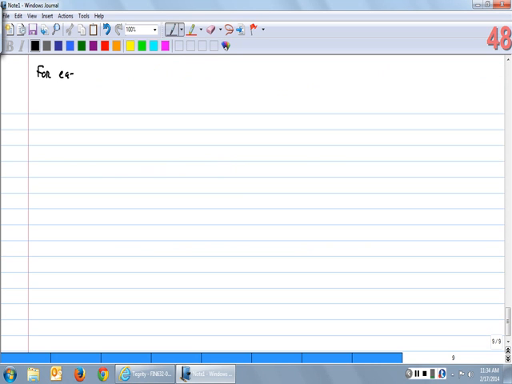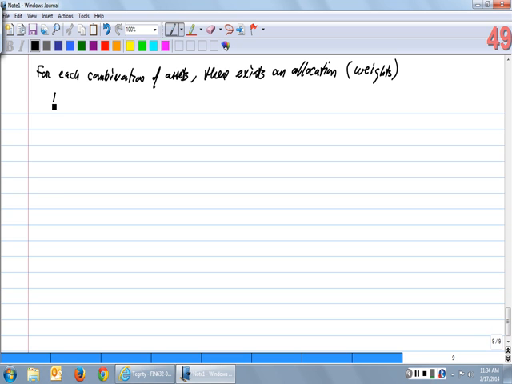So while we might not be able to find a perfect hedge for each combination of assets, and I'll write it down because I think it's important, there exists an allocation, that is a set of weights, that will result in the lowest possible risk for that combination of assets.